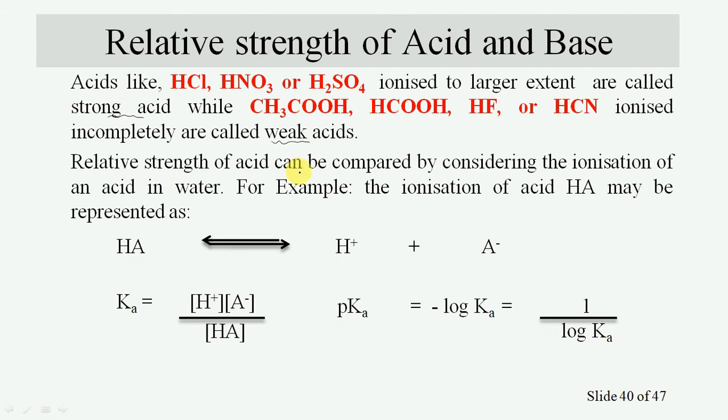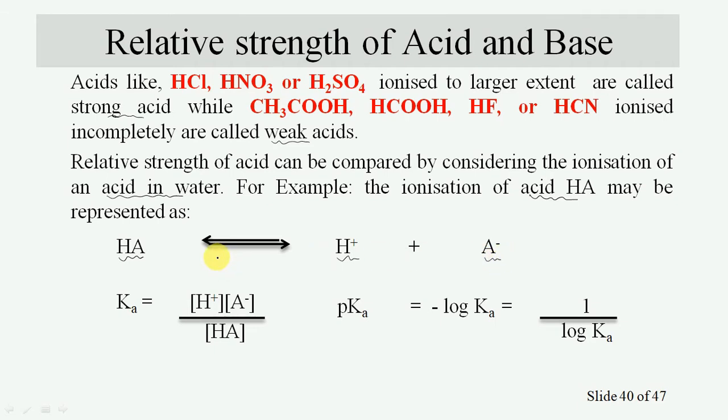The relative strength of acid can be compared by considering the ionization of acid in water. For example, the ionization of acid HA in water may be represented as HA. It will undergo dissociation and form H+ ion and A- ion.